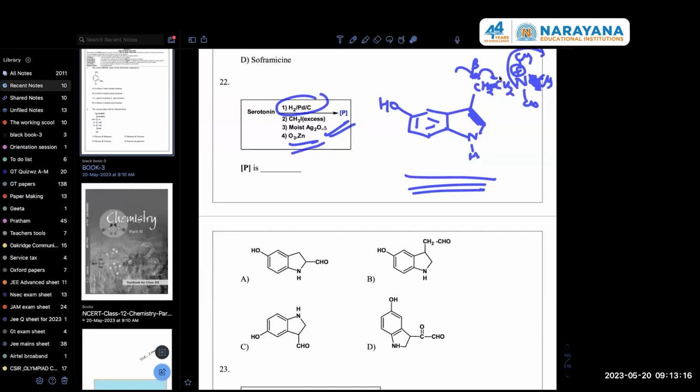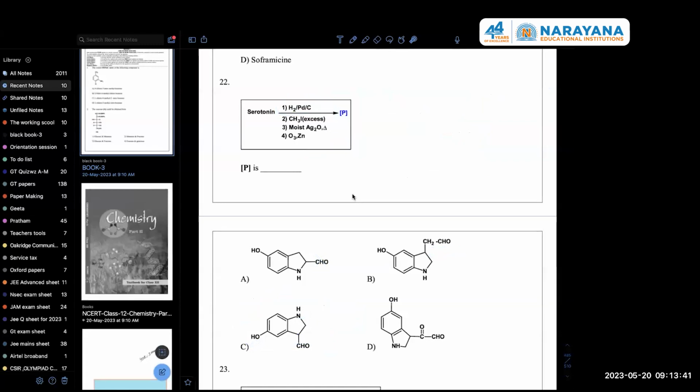On ozonolysis of the double bond, we will get CHO here. So this one is wrong. This one is correct. I have flipped the structure just to create illusion. But what I did, I flipped the structure. So this is the correct answer. OH, para position this NH, and after one alternate, we are getting CHO here. So C option is the correct answer.